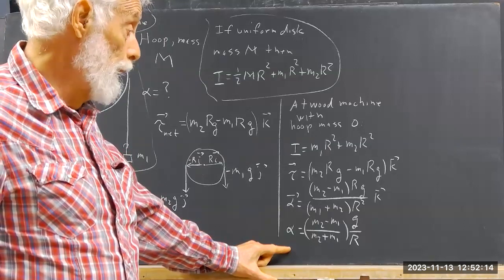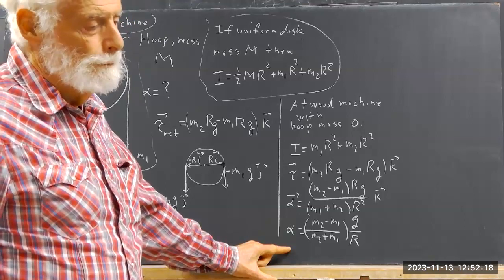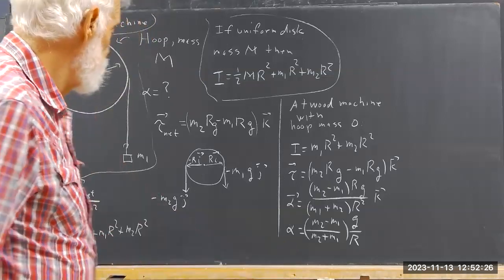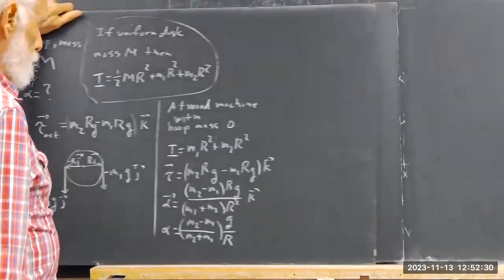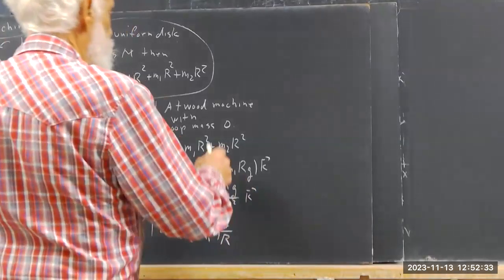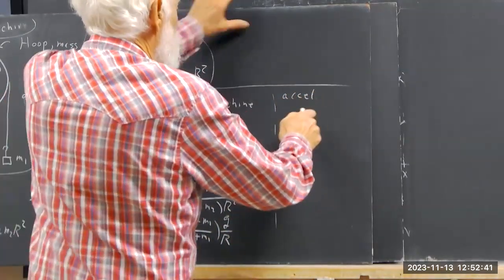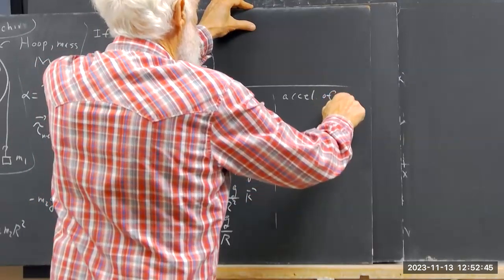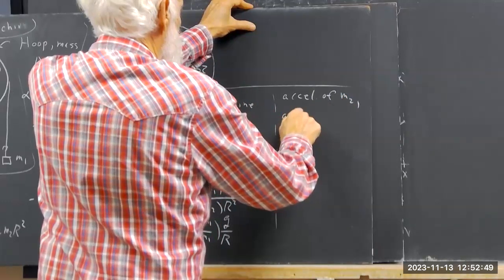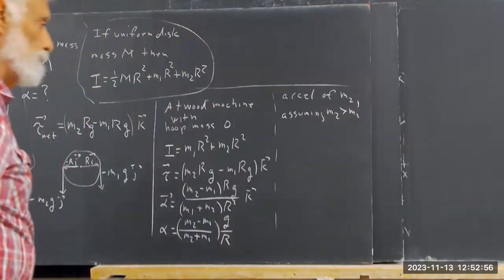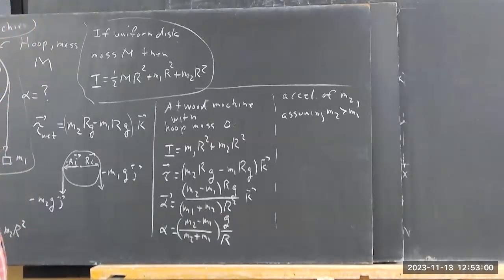It's going to give you some anomaly in the ideal analysis, but what would the linear acceleration be? If M2 is greater than M1, what's the acceleration of M2?